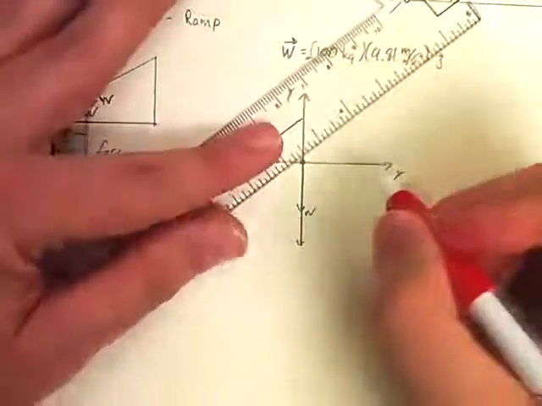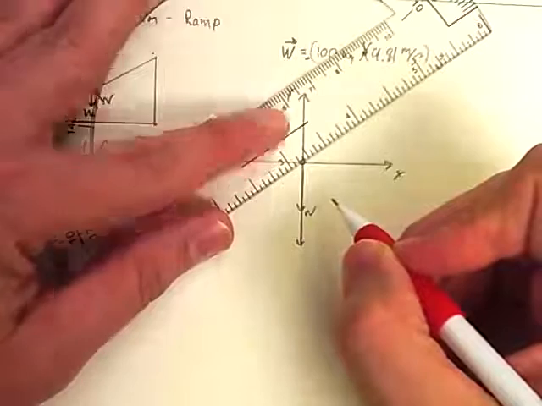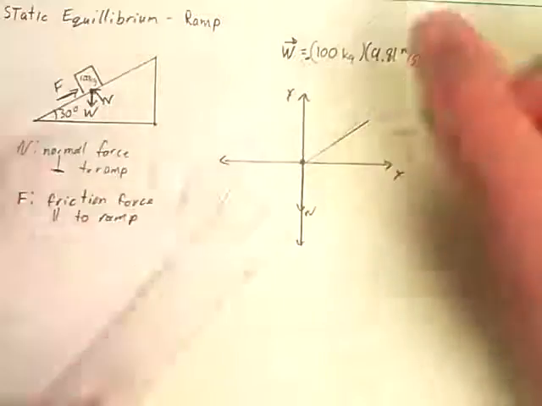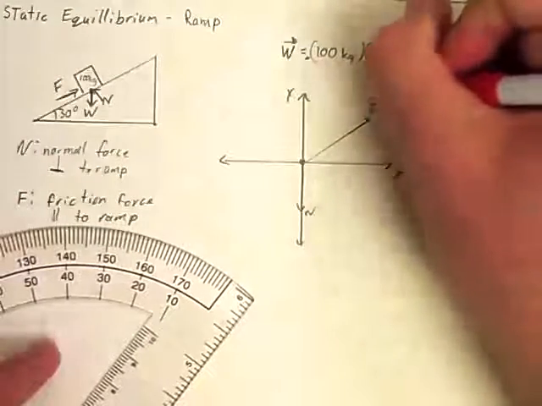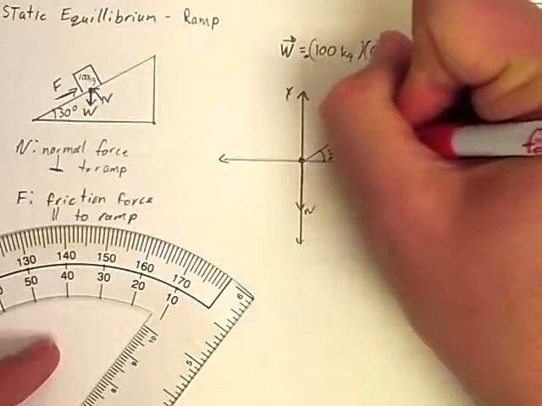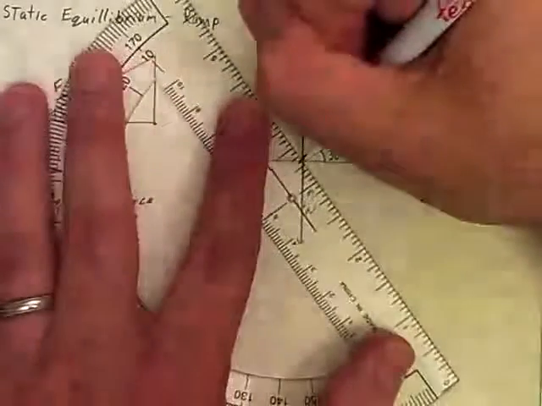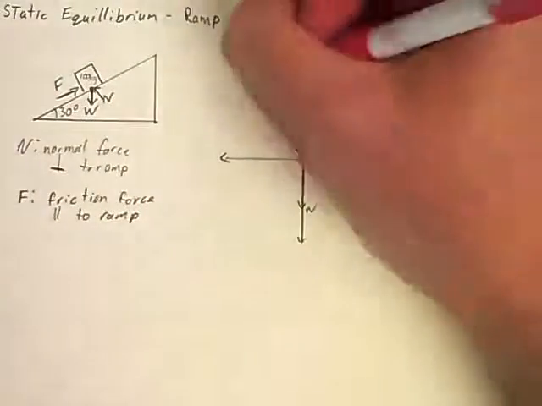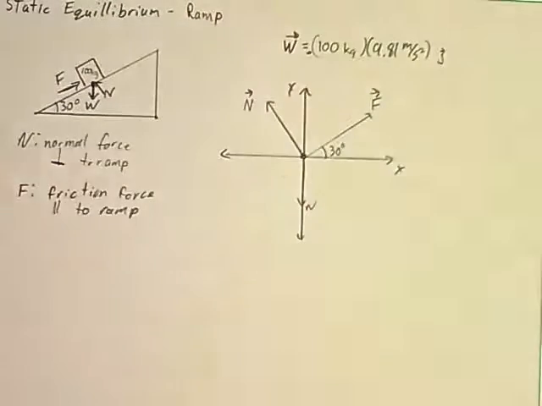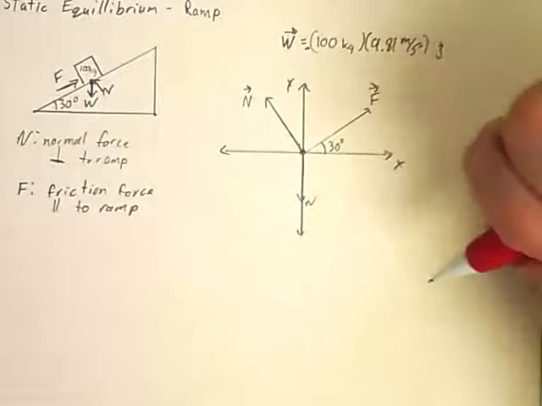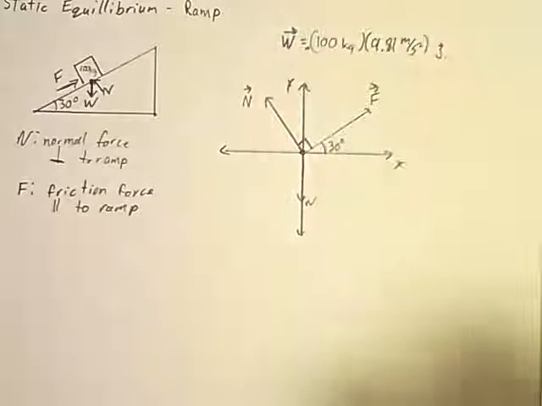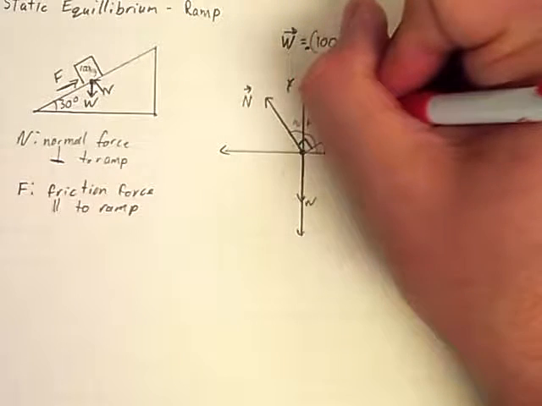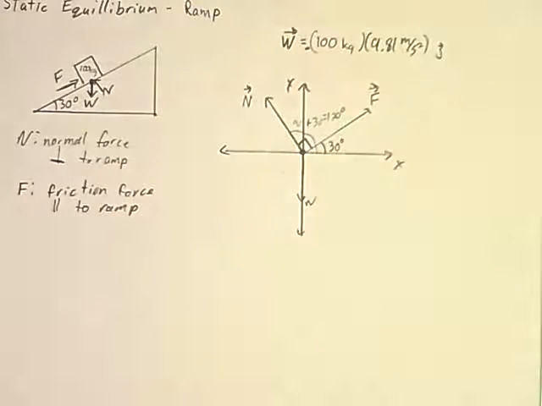The friction one is easier to think about because it acts the same way as the ramp does. So this is F, and this is 30 degrees. The normal force, N, is perpendicular, which means this part must be 90 degrees, a right angle. So this entire part must be 90 plus 30, or 120 degrees.